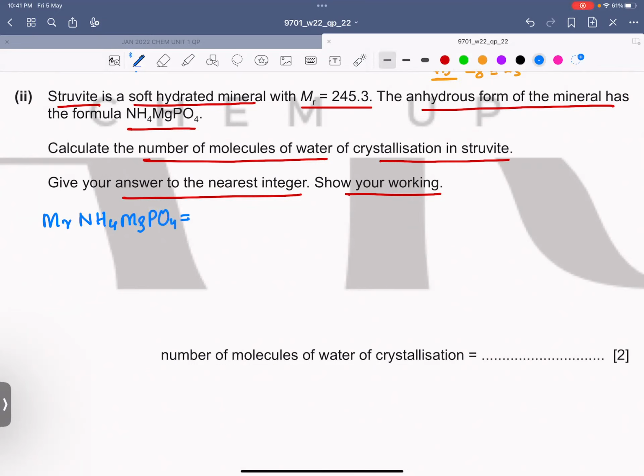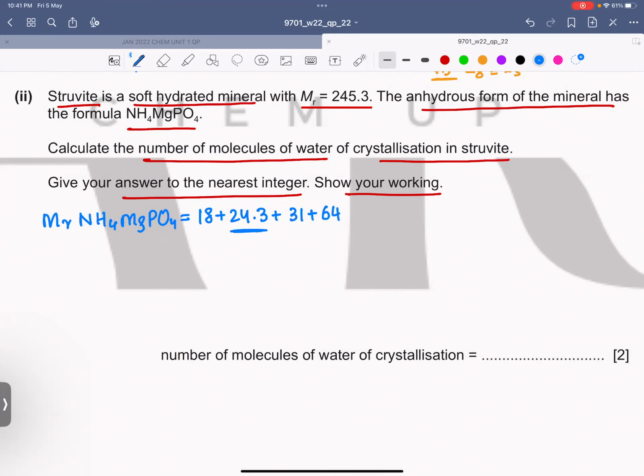So ammonium is 18. Magnesium is 24 point, can anybody confirm that its AR is 24.3 or 24.1? Phosphorus is 31, and there are 4 oxygens, which makes it 64.